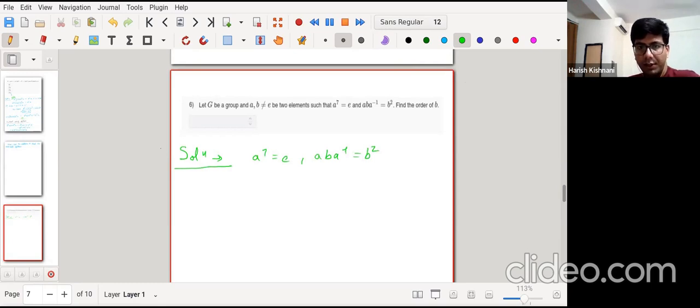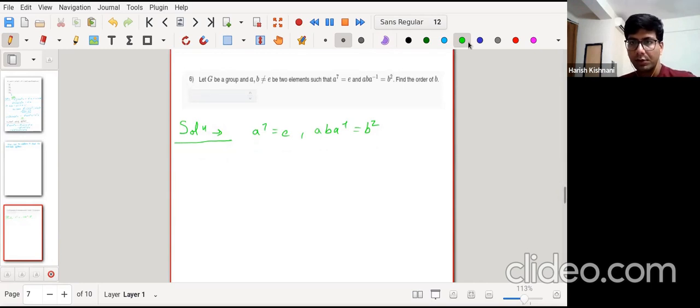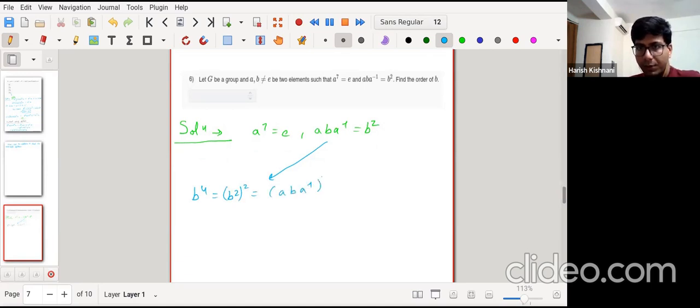a^7 is identity. a b a inverse is b square. So if we take the square of this, this will give you b^4, which is same as b square raised to square, that is (a b a inverse) whole square.